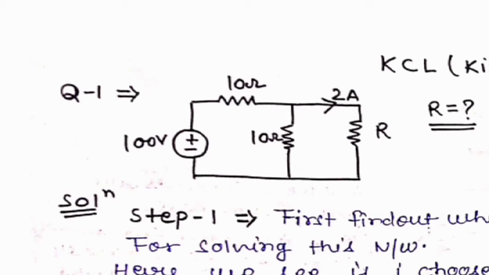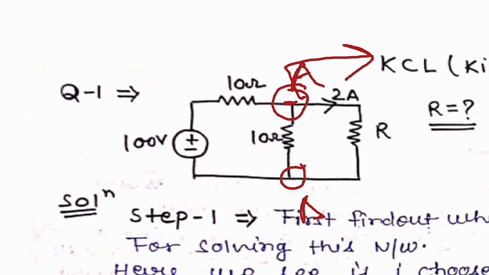If we use KCL, it always follows the nodes. In this whole circuit we have two nodes, node number 1 A and node number 2 B, but here we need only one node. With the help of only one node we can solve the problem using KCL, so only one equation is required to solve this network.